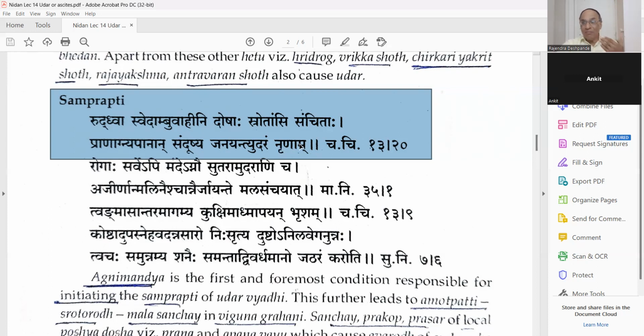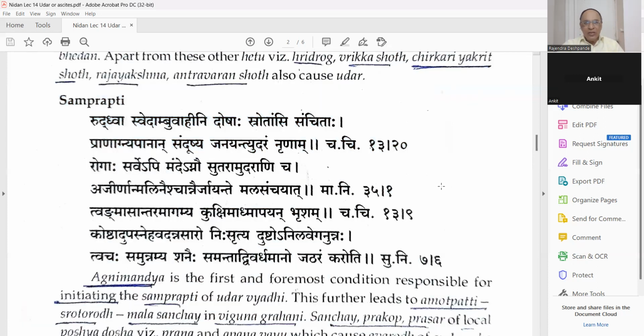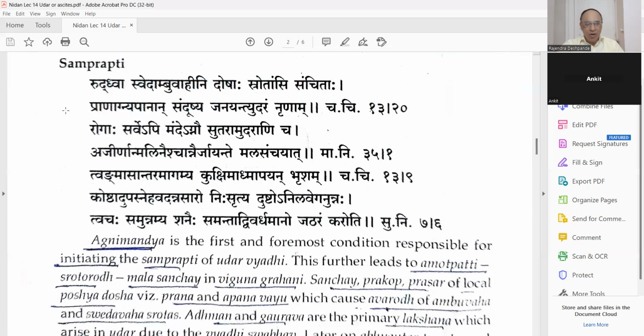When there is obstruction in the svedavaha srotas and ambuvaha srotas, there will be srotorodha, and then pranavayu is disturbed. Jatragni, pachaka pitta, apanavayu, all the abdominal bioenergies will get disturbed, and then you get the Udara vyadhi.